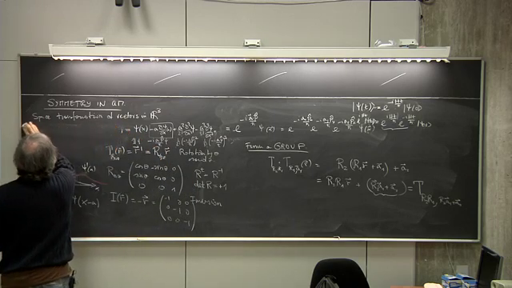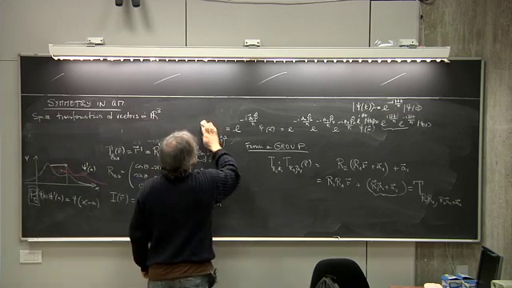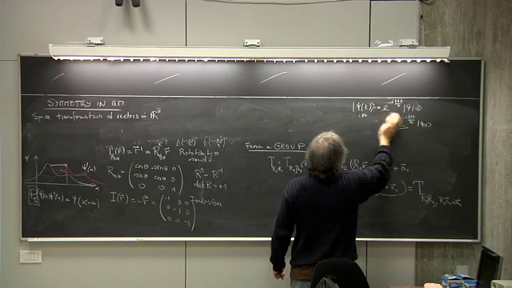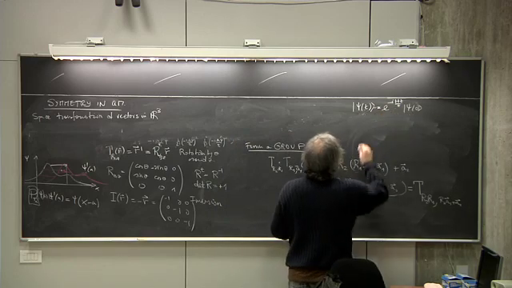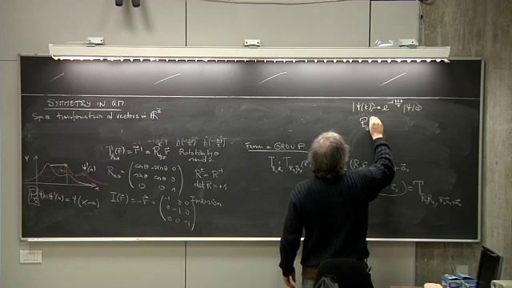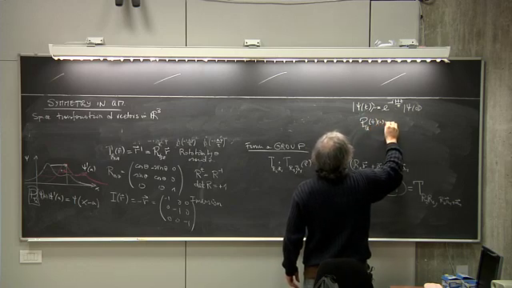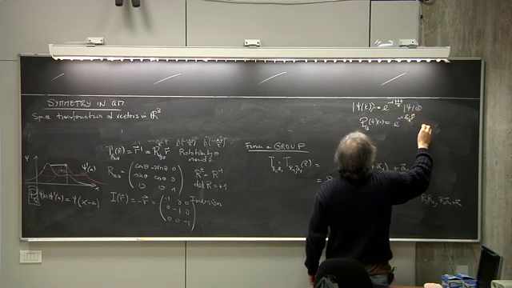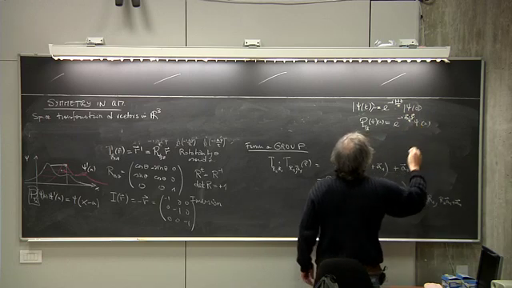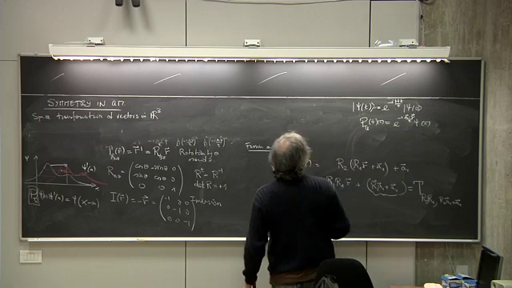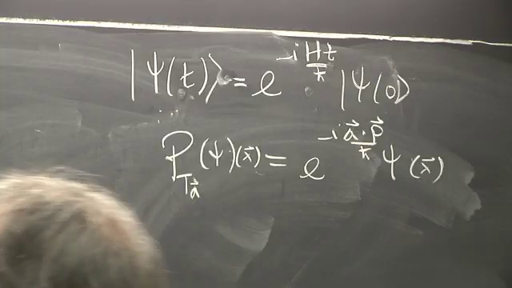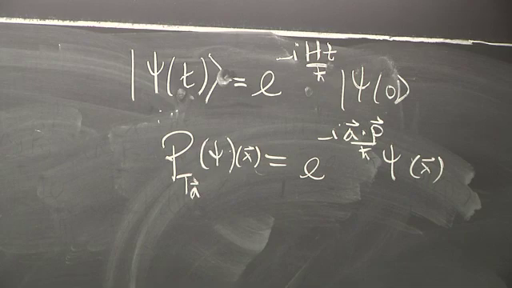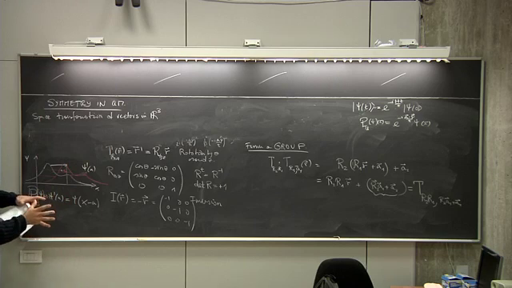So let me just hint for you what you do. For translation, I write here the thing that we have proved: the translation by a of psi is just equal to e to the minus i a p over h bar psi of x. Now, if I have a rotation, I should imagine a function in, say, 3 dimensions, and I rotate the function.